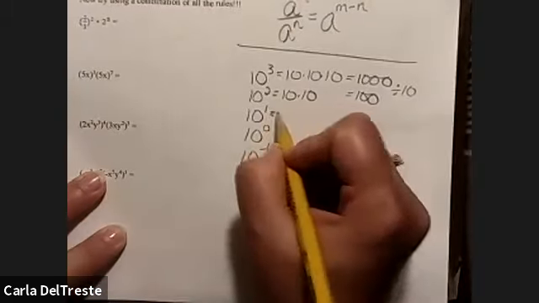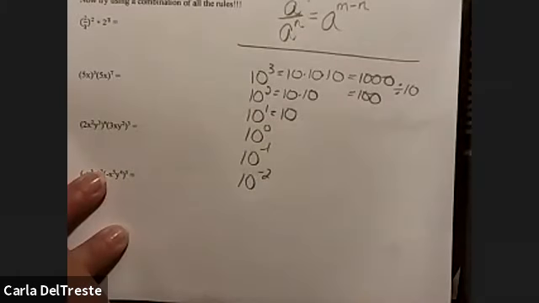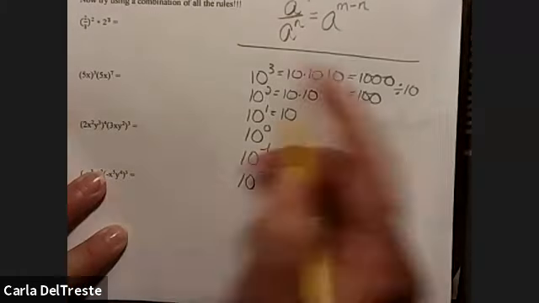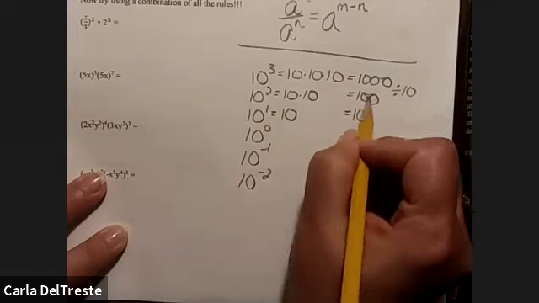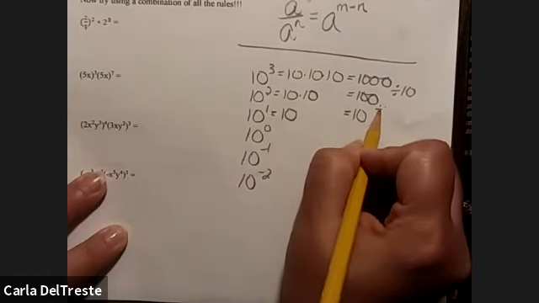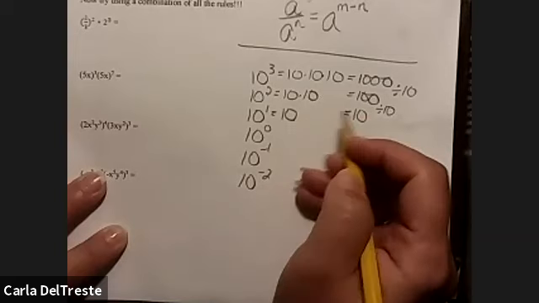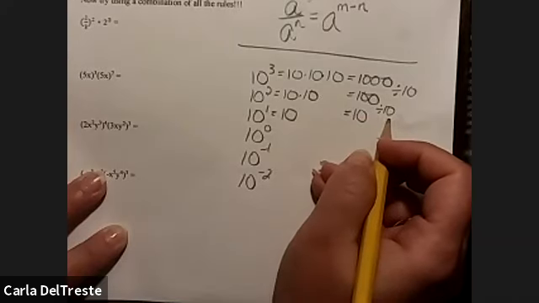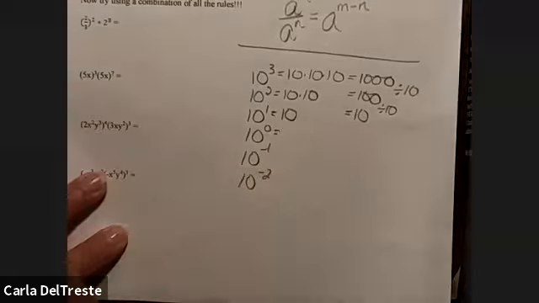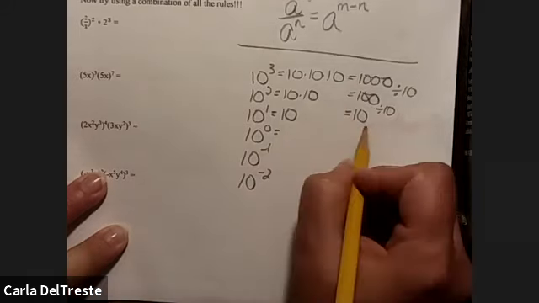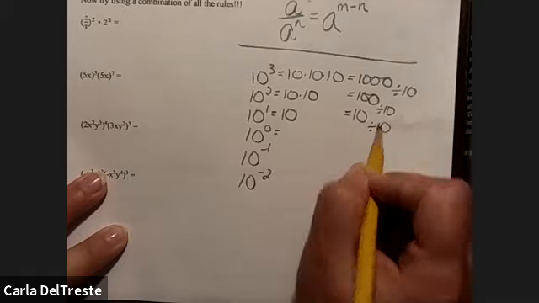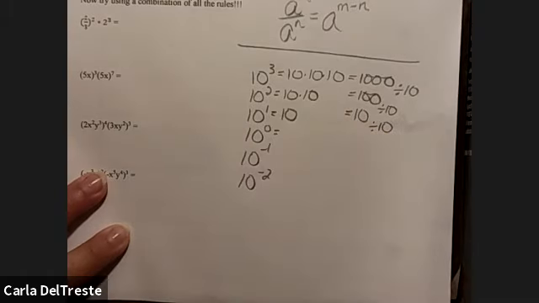What's 10 to the first? 10 to the first is 10. How do I get from 100 to 10? Again, I lost a factor of 10. I divided by 10. What does that mean is going to happen to 10 to the 0? People are always tempted to say, oh, the answer is 0. Can you divide by 10 and get an answer of 0 here?